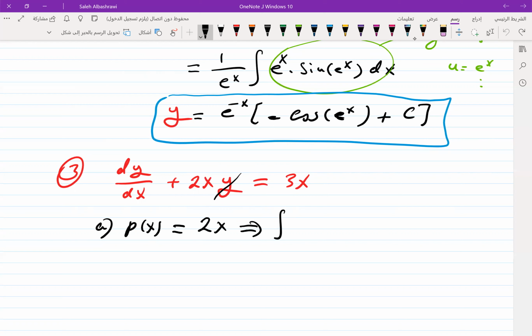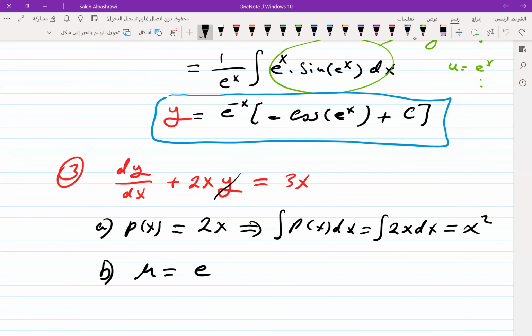And integration of p of x dx, that will be integration of 2x dx is equal to x squared. So mu will be e to power x squared, e to power the integration of p of x.